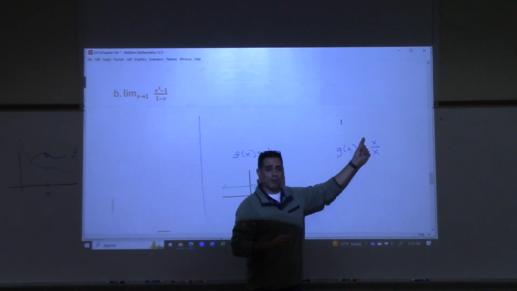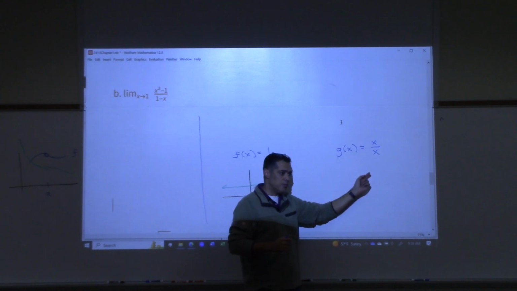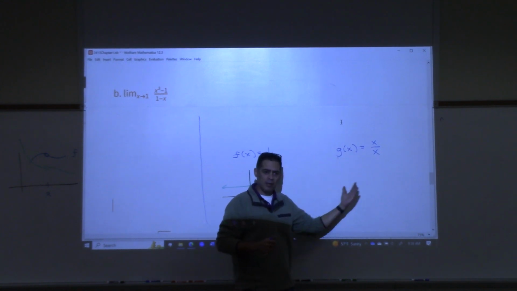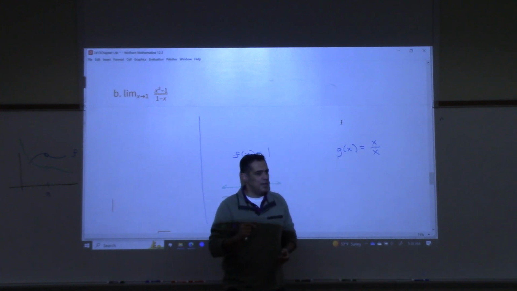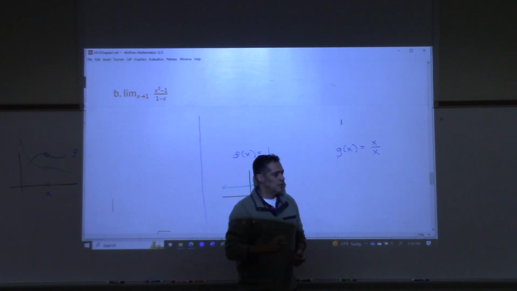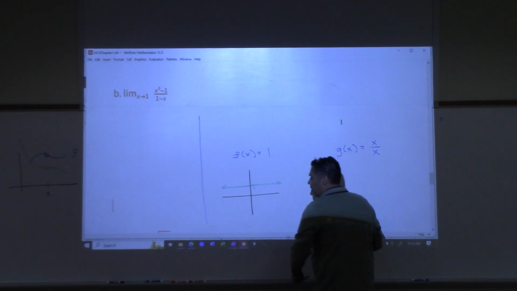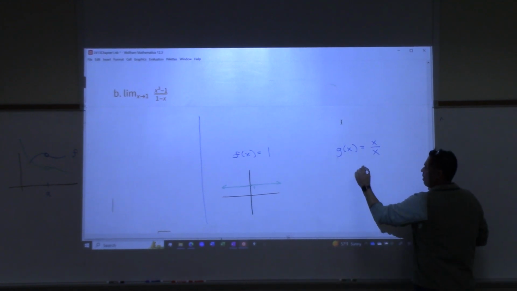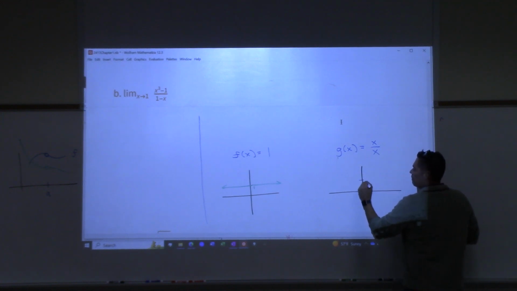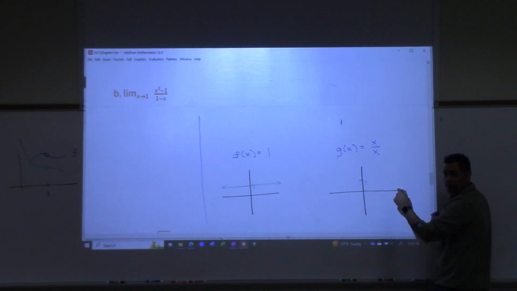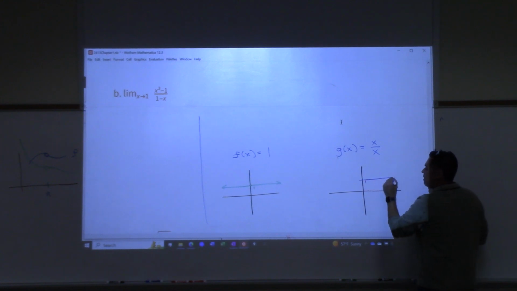You plug in 2, 2 over 2 is 1. 3, 3 over 3 is 1. So this graph looks very similar to this graph. Are they exactly the same, though? Are these the same graphs? They would be? So x over x should always be 1, right? So I should have 1 out this way all the time.